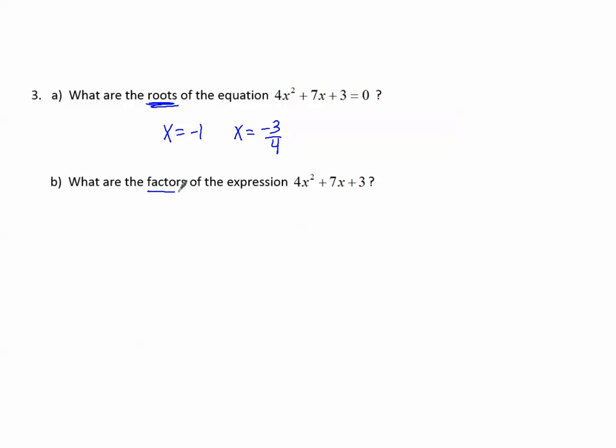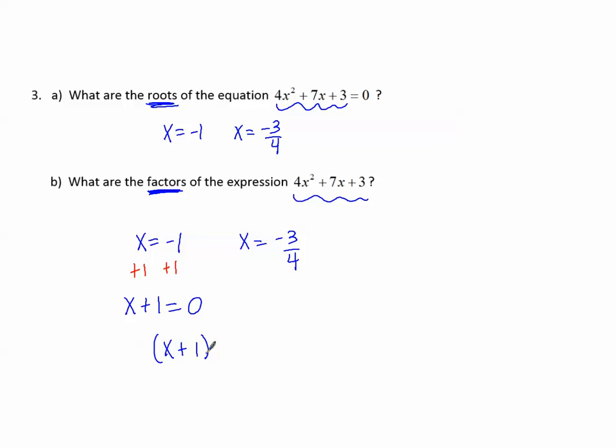Let's turn those into the factors of the same expression that we had equal to 0. X equals negative 1 and x equals negative 3/4. Here we don't have a fraction, so this one's just add 1 to both sides. X plus 1 equals 0, so the factor is x plus 1. The other one, though, is a fraction. I don't want divided by 4, so multiply by 4 on both sides. 4x equals negative 3.